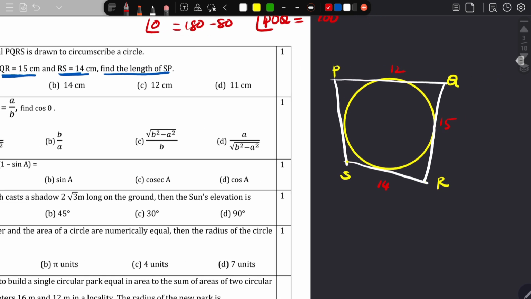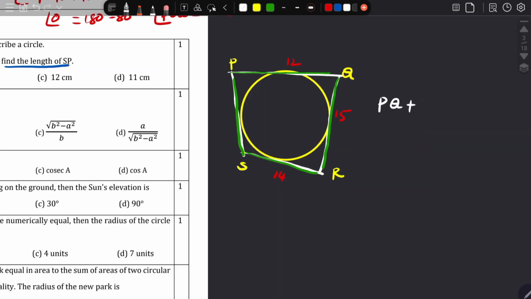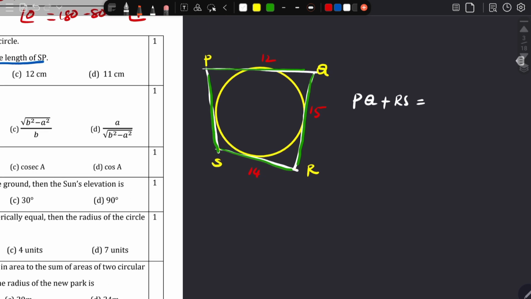So, there is a rule and theorem as well. Property: the sums of the opposite sides are equal in a circumscribing quadrilateral. So, PQ plus RS is equal to QR plus PS. PQ is 12 plus RS is 14, which is equal to QR is 15 plus PS.